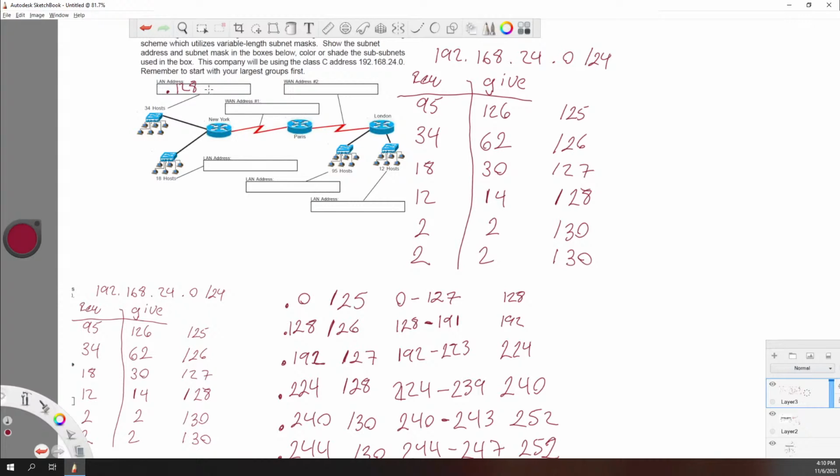So it starts at 128, and it's a slash 26. And then we have our 95, which was our first one. It starts out at 0, was a slash 25. And then we have our other network, the 18. That was the third one we did. So that one starts out at 192.